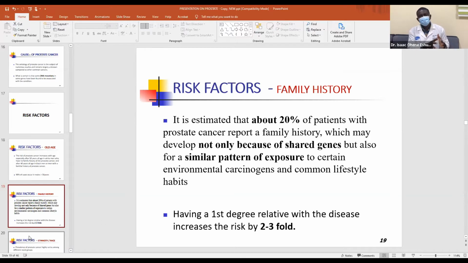So it's not only because of the genes they share, but similar exposure to environmental triggers and lifestyle patterns. Lifestyle here could be their dietary lifestyle, their sedentary lifestyle, shared behavior within the family. And it is said that having a first-degree relative with the disease increases your chance by 2 to 3-fold. So that is also very significant. If, let's say, a father had it, your risk increases by 2 to 3-fold.